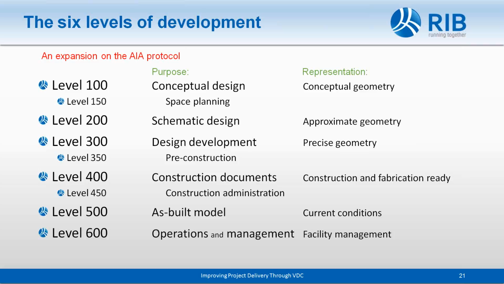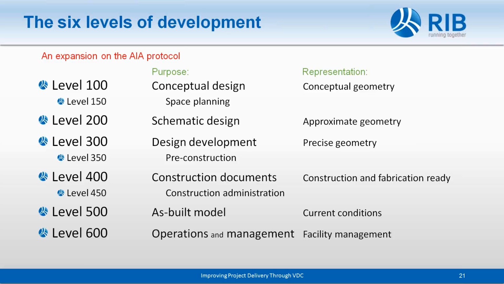So we can see that by defining what the LOD of a particular model object is, you can see what it's used for and how much more work it needs to get to additional higher levels.